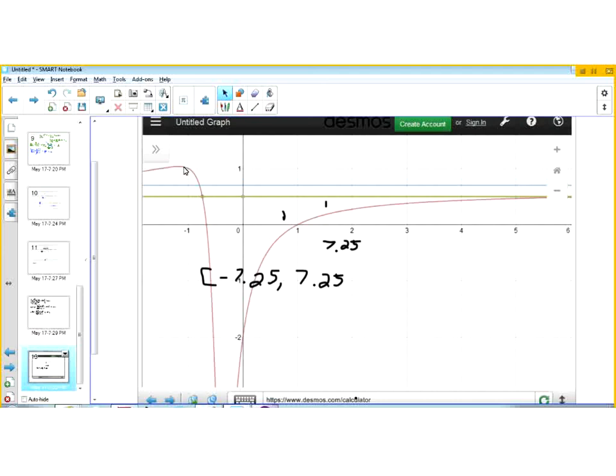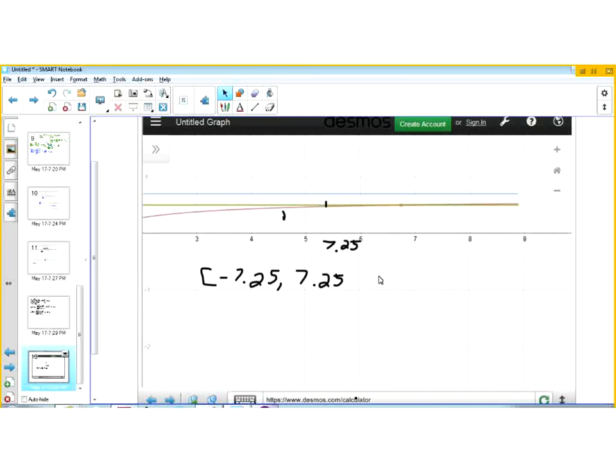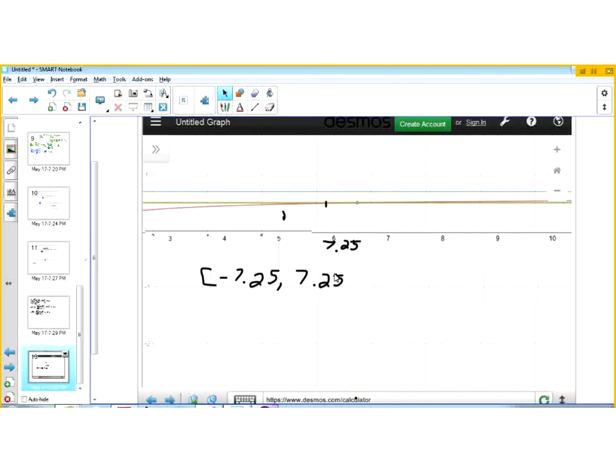Okay, and so we don't want that. We want the function to be as close as possible to the line y equals 0.6, right? Because we want the distance between the function and 0.6 to be less than 0.1. So the only way that distance can be less than 0.1 at least is if x were greater than 7.25, as shown here. Or x were less than negative 7.25.